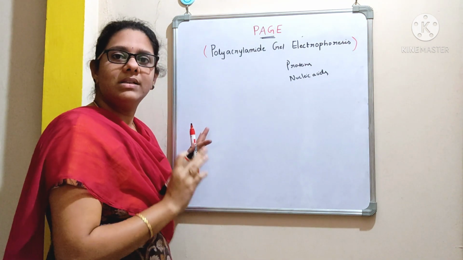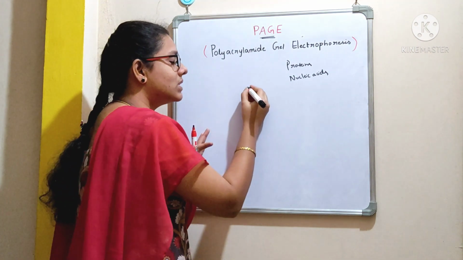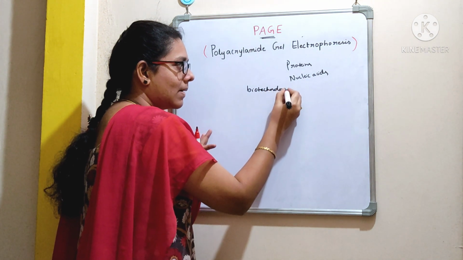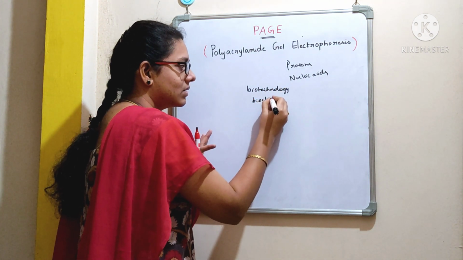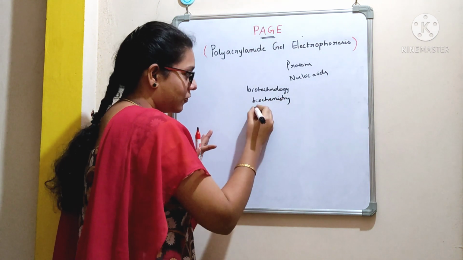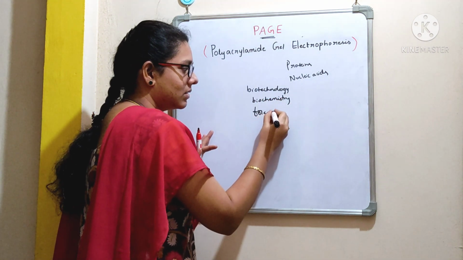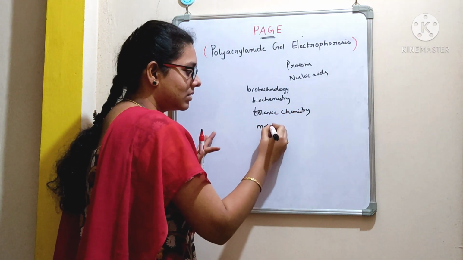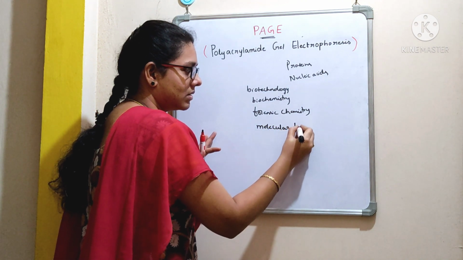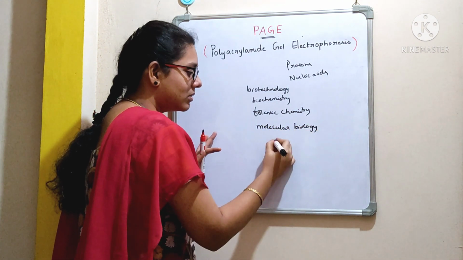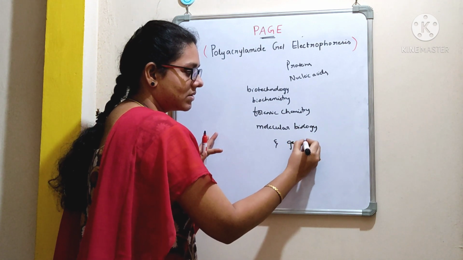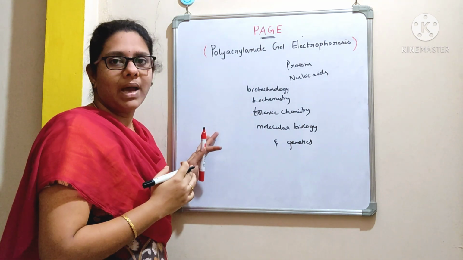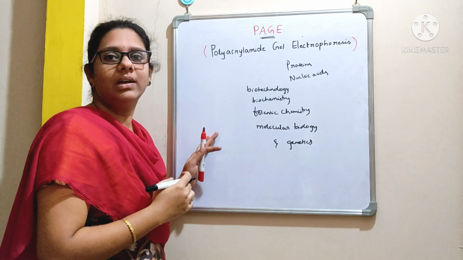This polyacrylamide gel electrophoresis is widely used in the field of biotechnology, biochemistry, forensic chemistry, molecular biology, and also in genetics, where we are going to separate the biological macromolecules based on their electrophoretic mobility.